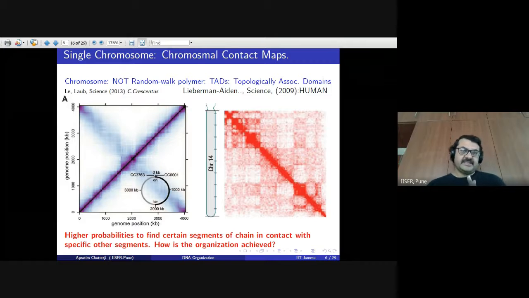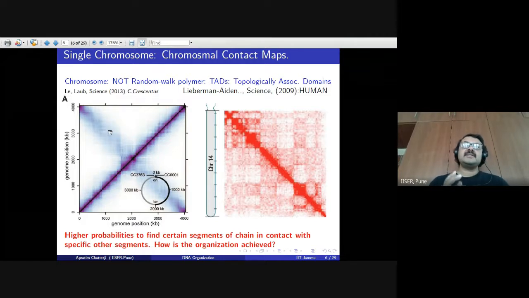What is the basic message? The basic message from this slide, which I want you to take home, is that DNA is not organized randomly in space. It's not a random coil polymer inside the nucleus, as the case may be for humans, or inside the cell for bacteria.